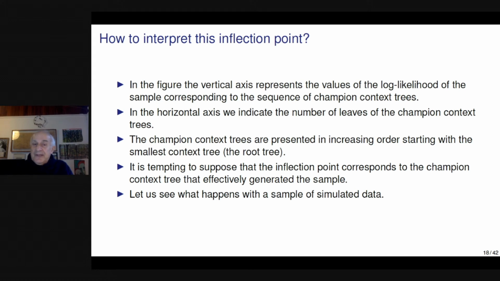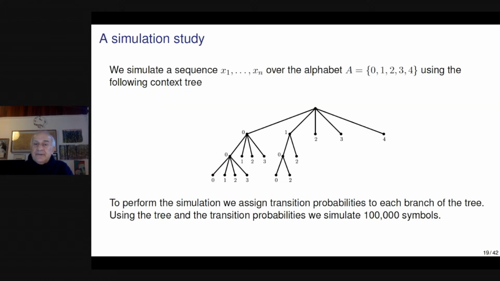So we could see. We generated data with this tree, which we will see later, looks like one of the context trees we find. Same alphabet, same number of symbols, more or less. In this figure, I forgot adding the transition probabilities, but you can find them in the lecture notes.